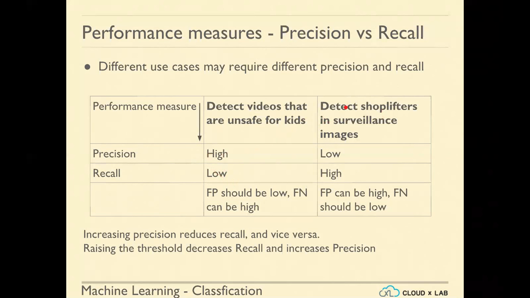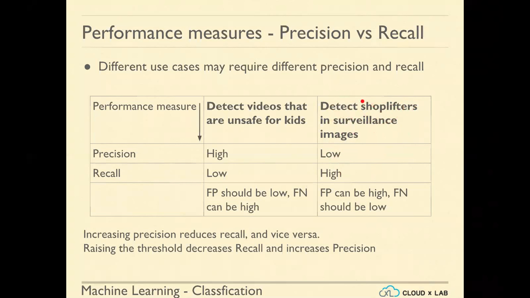In case, let's say, we are trying to detect whether somebody who is going out is a shoplifter, and in case somebody is detected as a shoplifter, we'll just check the items they're carrying and the bill they have paid. In this case we have a bandwidth to make mistakes. But if we miss out on a shoplifter, we'll make losses there, and we will not be able to catch somebody.